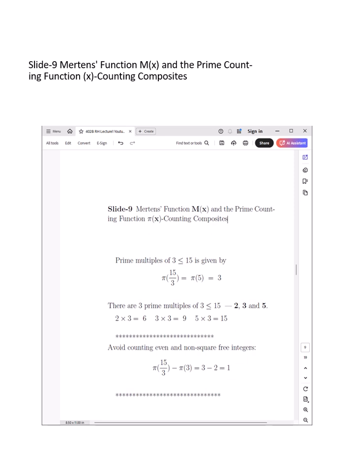The solution that came to mind was to simply subtract out the primes less than or equal to the primes in the square-free divisor, which is done by subtracting pi of the largest prime of the divisor. So for the number 15, we would get the term pi of 15 divided by 3 minus pi of 3 equals 3 minus 2 equals 1.